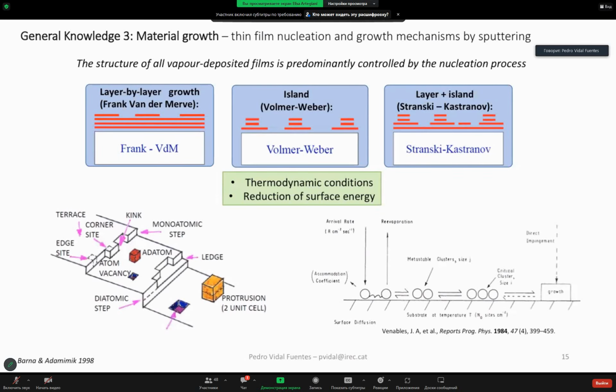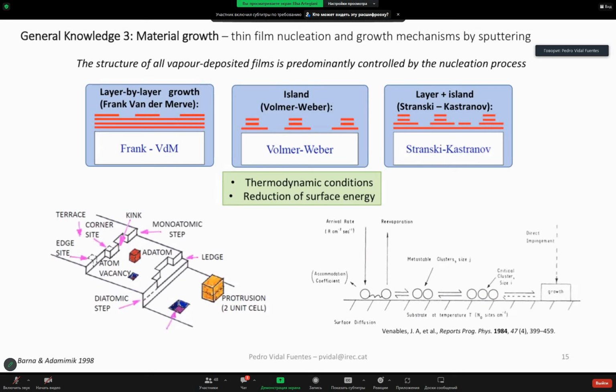So first of all, the nucleation will define how the film will grow on your substrate, and this will be defined by the thermodynamic conditions of the deposition, together with the reduction of the surface, the final surface energy. Also, a lot of things can happen when the atoms arrive at the substrate.